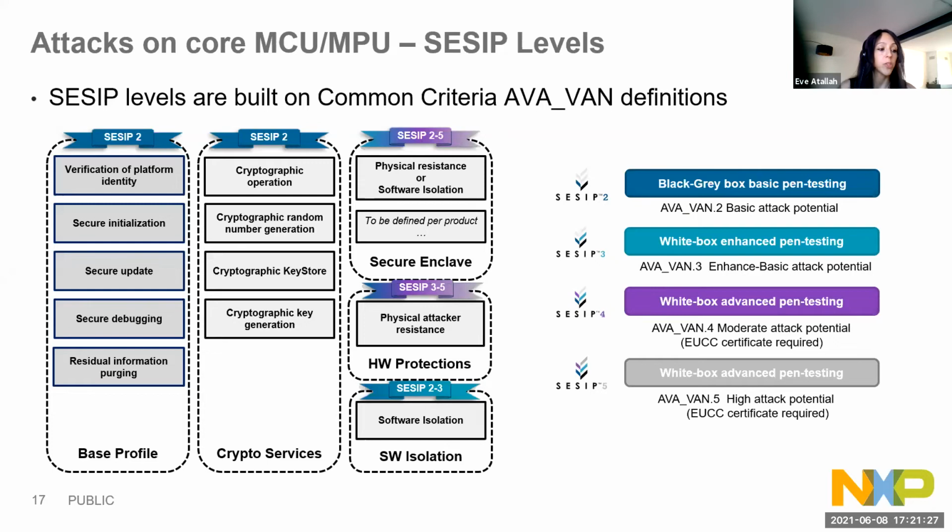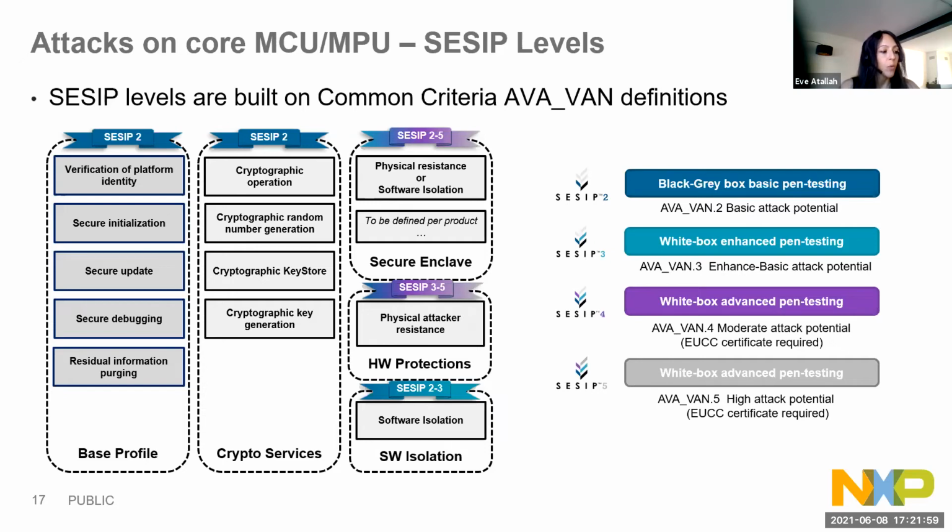For those who know Common Criteria, each SESIP level corresponds to an AVA_VAN level. For the others, what needs to be known is that 5 levels of resistance are defined. They correspond to a rating that more or less reflects the attacker profile, its expertise and its equipment, but not only. It's a bit more complex than that.